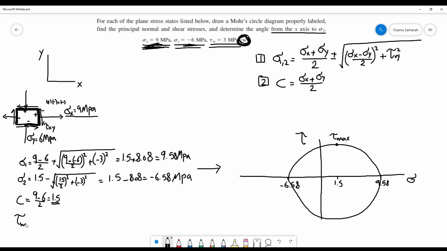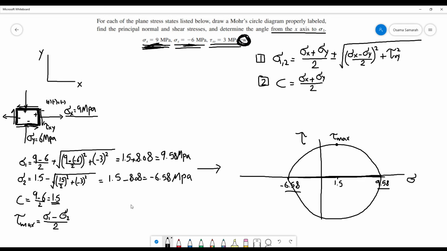So tau max, if you want to find the maximum shear stress, is going to be equal to sigma 1 minus sigma 2 over 2. Now let's think about this formula for a second. Sigma 1 is right here, 9.58, and sigma 2 is right there, negative 6.58. If you subtract sigma 2 from sigma 1, you're going to find this distance right here, which is the diameter of Mohr's circle.